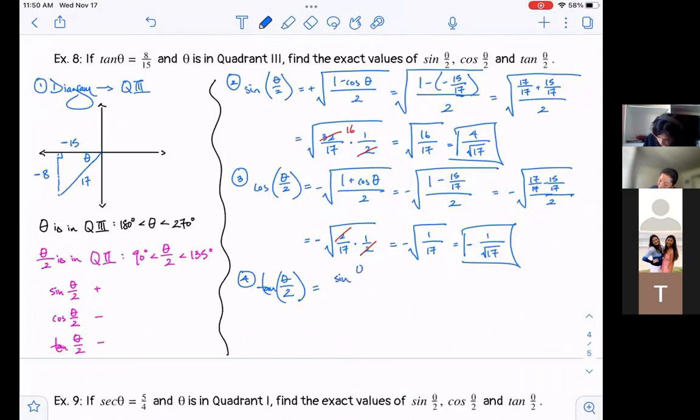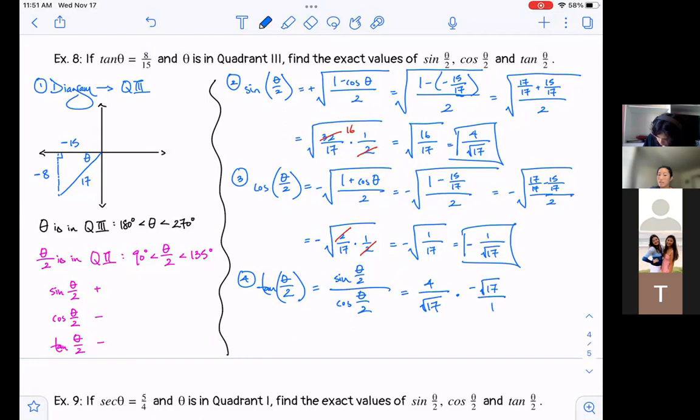I'd like to use that work, right? I know what sine of the half angle is. I know what cosine of the half angle is. So let me just divide those. And we'll get 4 over root 17 times negative root 17 over 1.